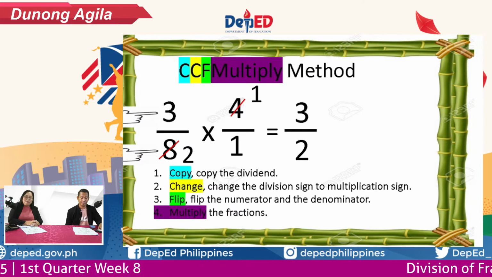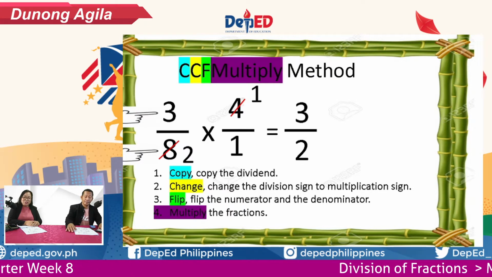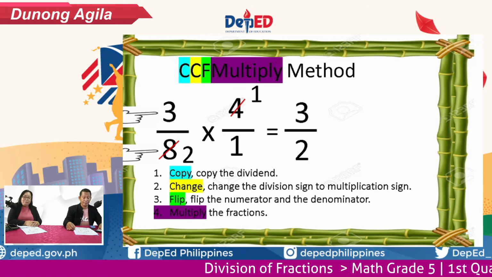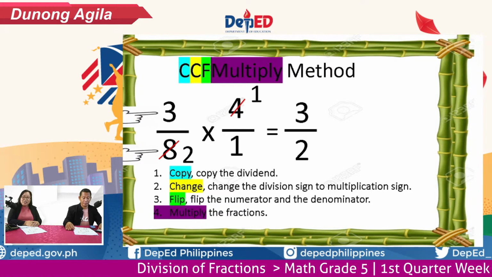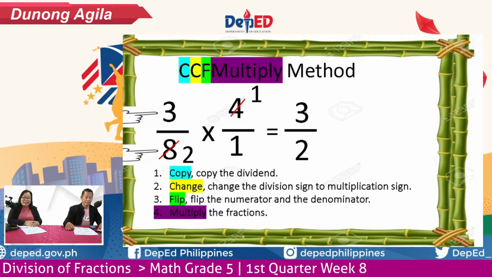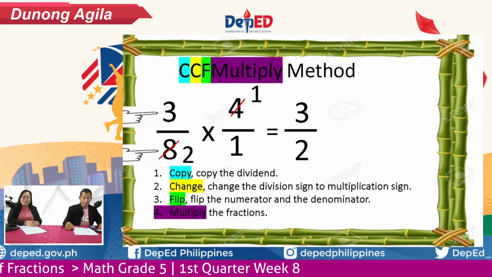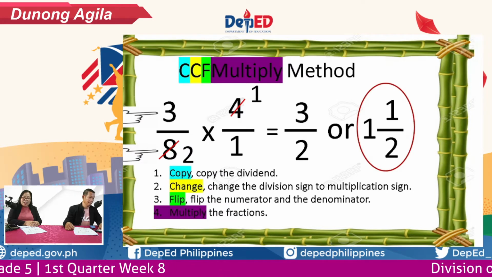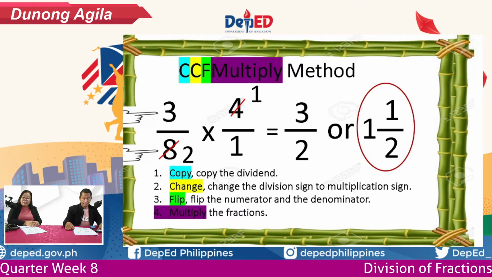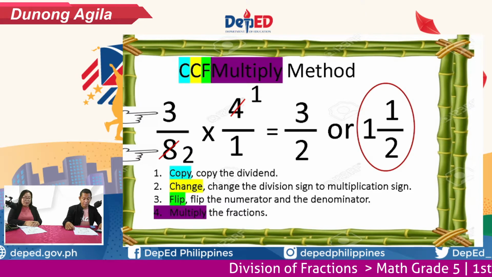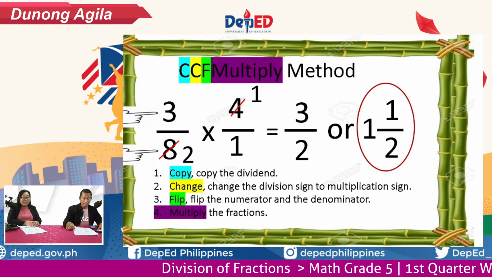Since we have a product which is an improper fraction, kids always remember that in performing operations in fractions, you have to simplify your answer. In this case, we will change it to a mixed number. So the answer will be 1 and 1/2 because we're going to divide the numerator by the denominator. Okay? Well, it's very clear, right, kids?